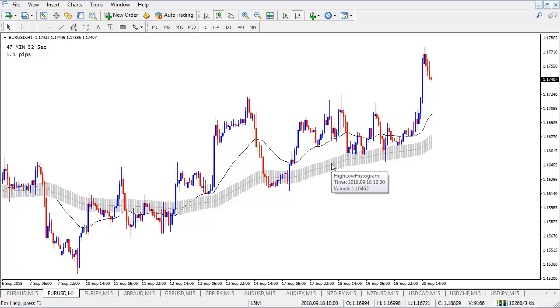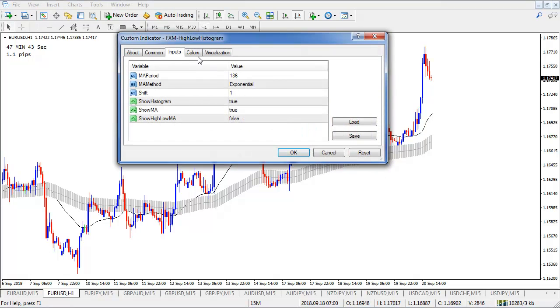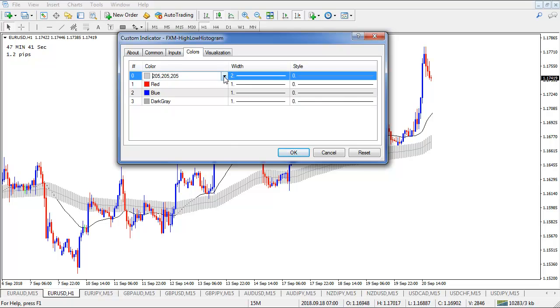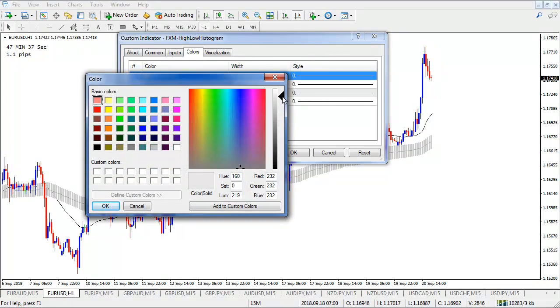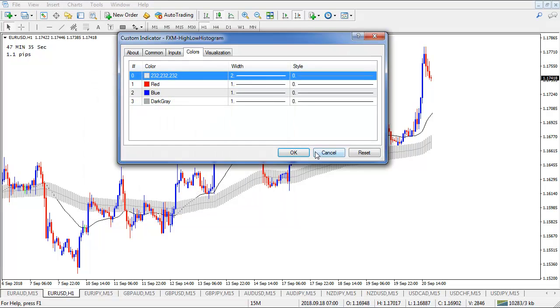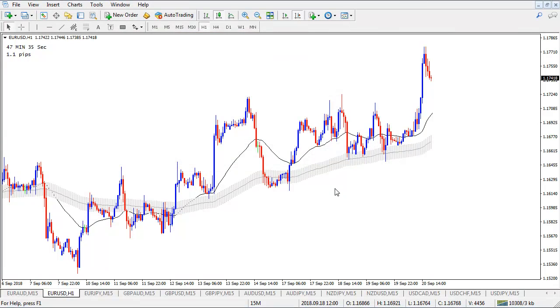Now, for the purpose of the manual, for some of the videos, I may keep it this color. But what I like to do generally is I'm going to lighten it up a little bit. I want to make the gray much lighter. And the reason for that is I am still trying to accomplish my naked trading.